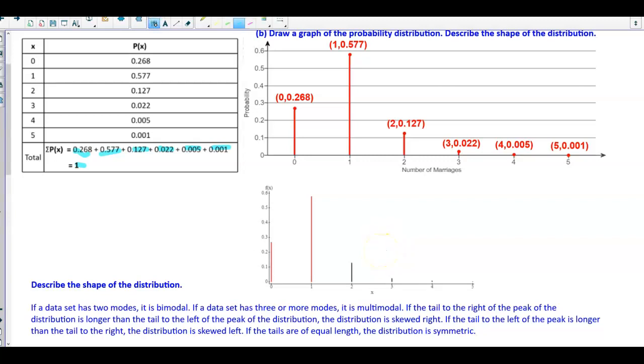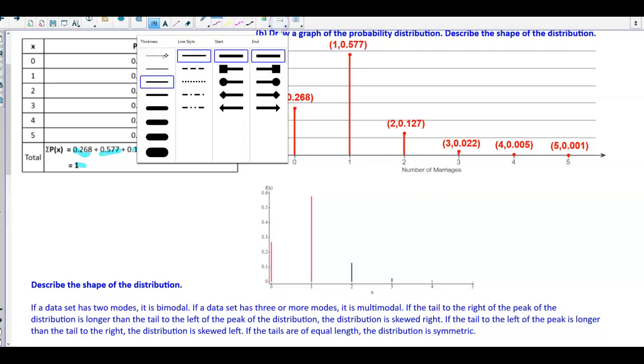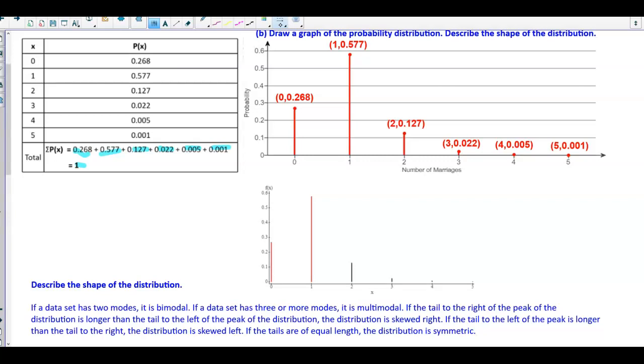When we look at this graph, we see that it starts here, then it goes up, then it goes down, and then it goes all the way down here. What this means is it peaks one time, and if it peaks one time here, then we're going to say that this has one mode.